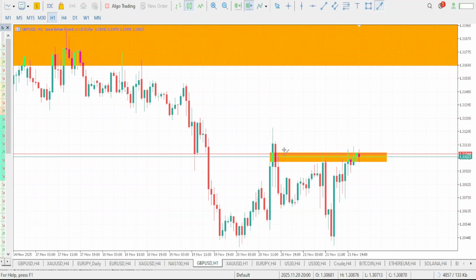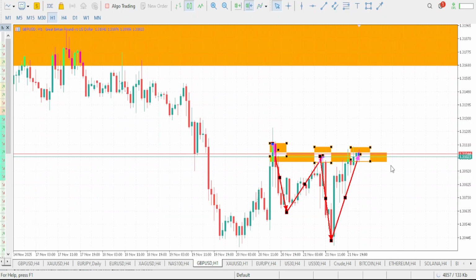Here, the market dropped. We had this rejection here. The market pushed up again, rejected from here and it sold. We had this sell. The market pushed up again and we are having a rejection from here.